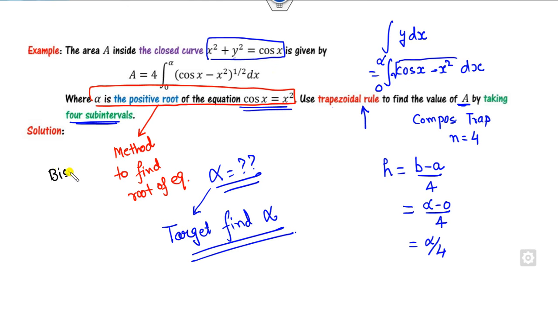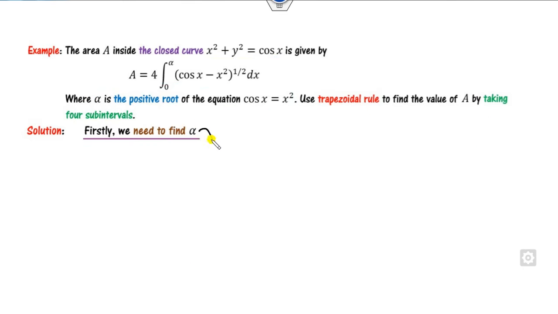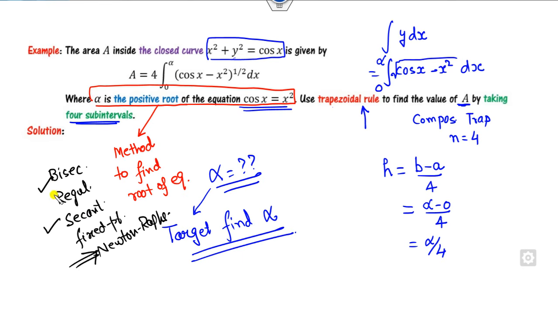Yes, you can use the bisection method, the regula falsi method, the secant method, the fixed point iterative method, or the Newton-Raphson method. And we all know the Newton-Raphson method converges faster if it is convergent. So I can find the value of alpha by using the Newton-Raphson method. You may apply regula falsi, bisection, or fixed point, that's your choice.